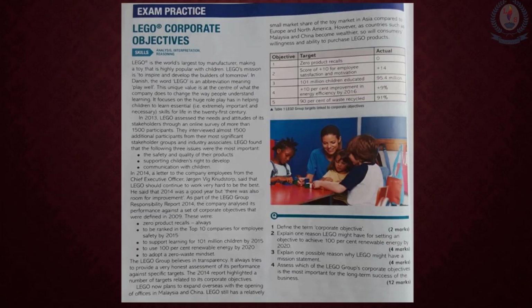So today we learned about corporate objectives, and we discussed the aim or vision of an organization and the mission statements, and how we are going to develop corporate objectives.